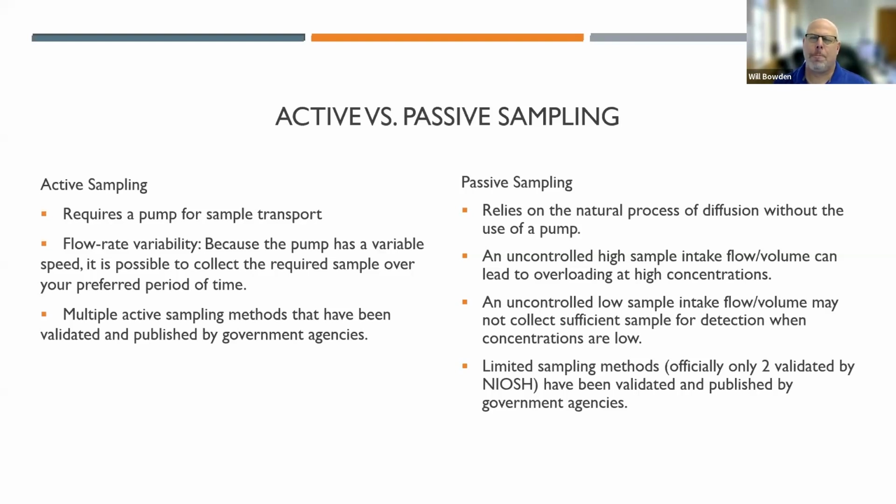So our typical measurement ranges can range from parts per billion up to parts per million. Again, it's application dependent and also instrument dependent, portable versus our fixed. With passive sampling, there are limited sampling methods that have been validated by government agencies. Officially, there are only two for passive sampling that were validated by NIOSH versus active sampling.